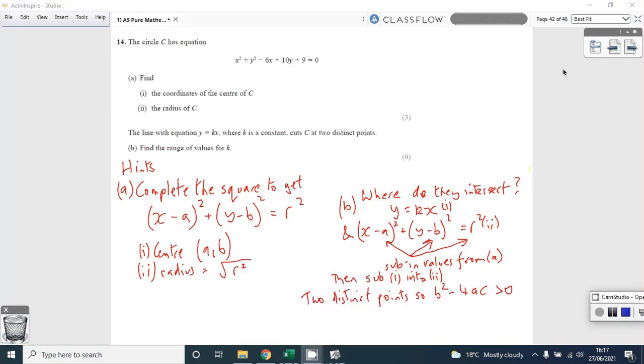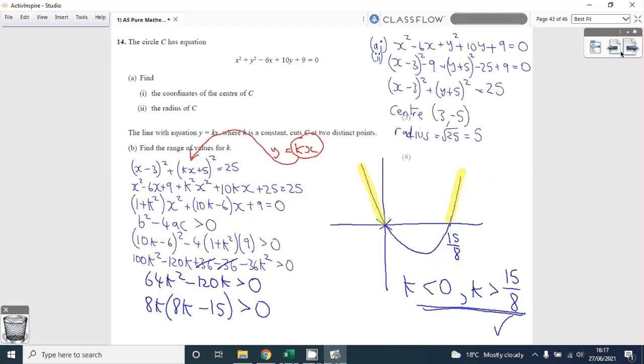The solutions for question 14. Starting with part A at the top right, I put my x terms together and my y terms together. I've then completed the square for x squared minus 6x and y squared plus 10y.